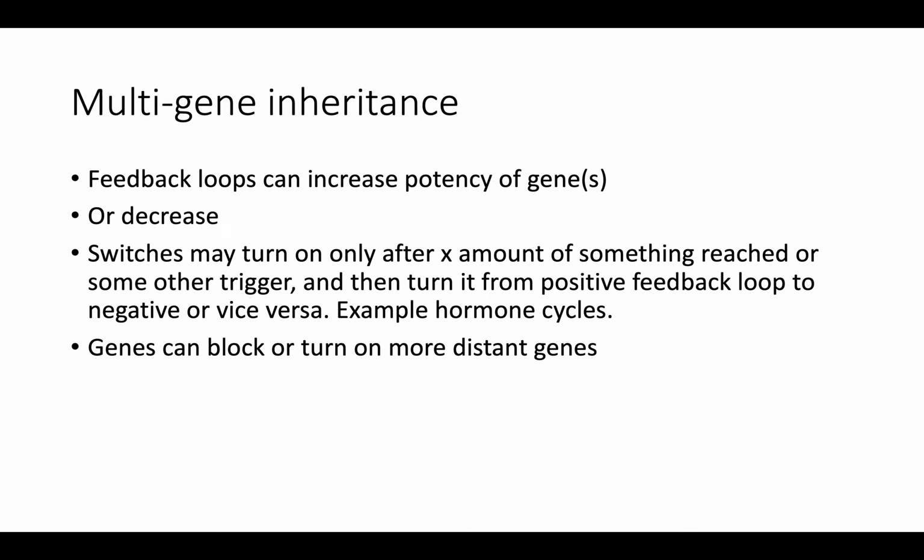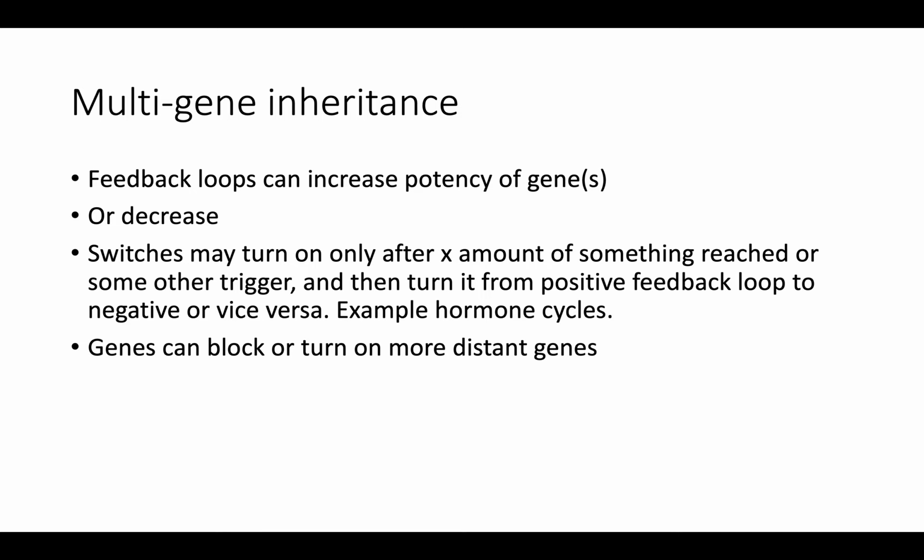So feedback loops can increase or decrease potencies of genes, and they can involve many genes interacting together. There's also switches in your body, and they may turn on or off other genes in certain ways. And some of these switches can even reverse the feedback loops once a certain state happens.